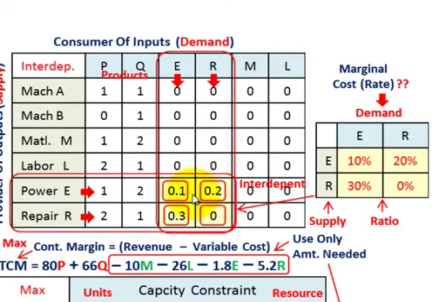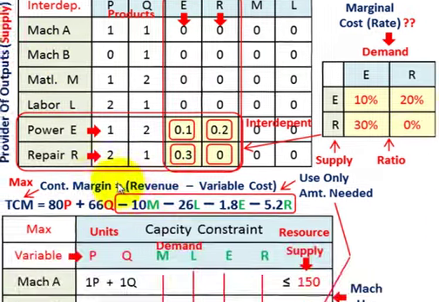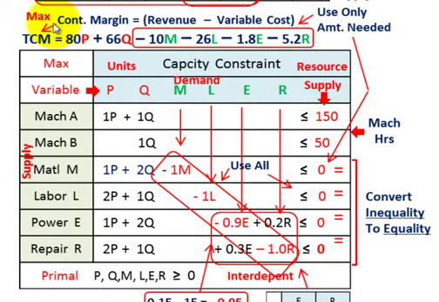Okay, so we've got our demands versus our supply, and then we can go in and put that into our linear program. So we come up with our objective function that I'm showing here, and let's look at how we come up with our maximization problem for this linear programming.